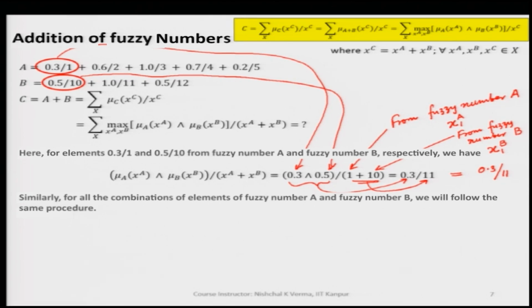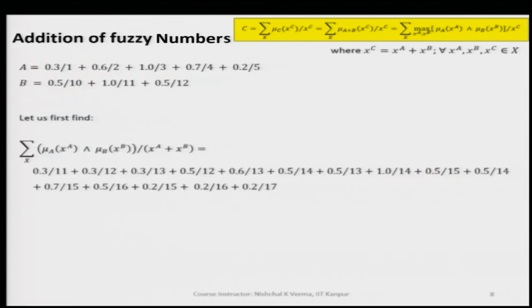And then when we have got these combinations, since we have the summation, we will sum these elements to get the final expression for fuzzy set C, which is the resultant of fuzzy numbers A and B. Let us quickly go through this, and here we have written the final expression, but I will explain how we are going to get these values as listed here.